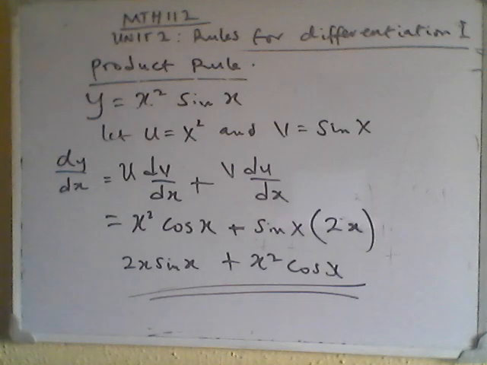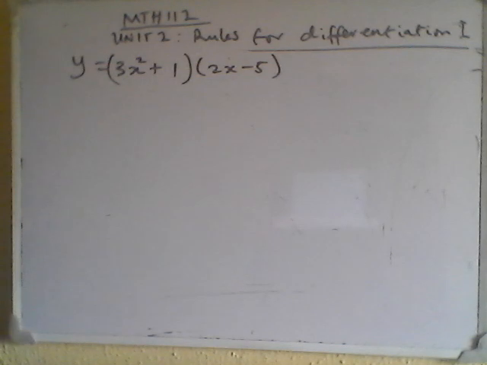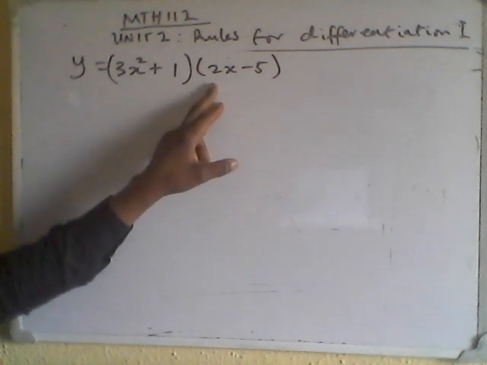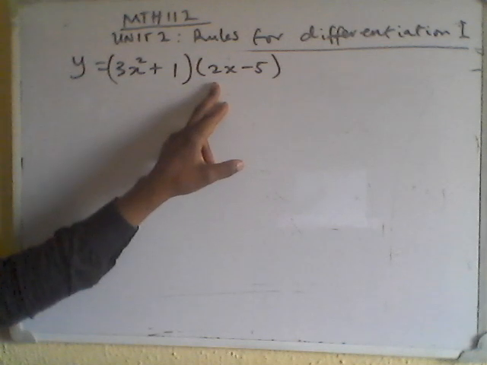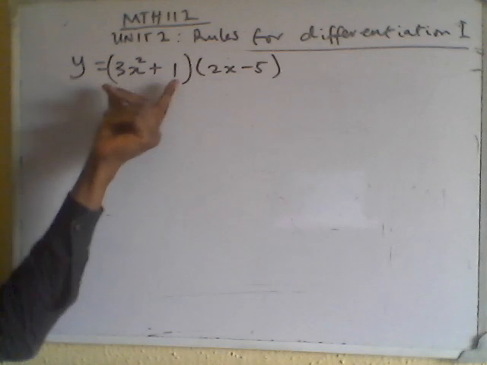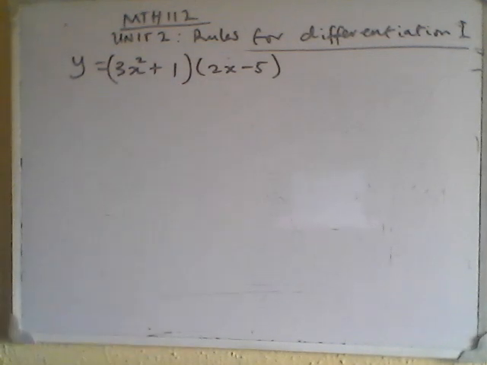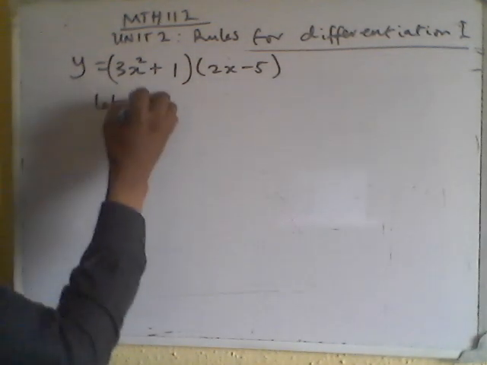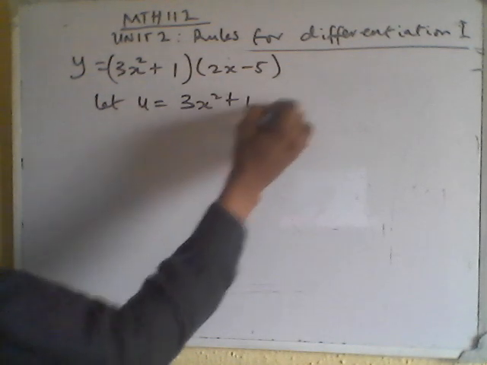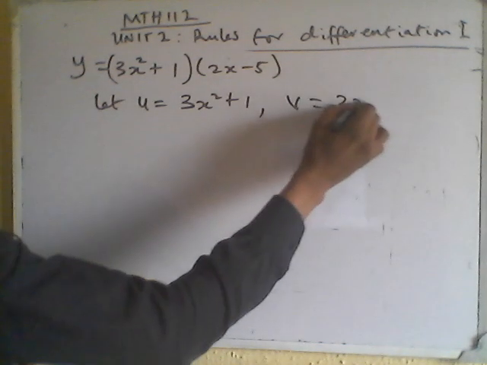So I'm going to quickly do another product rule. If I have y is equal to (3x squared plus 1)(2x minus 5). This is a product of this function and this function. I can come here, I will say, let u be the first function, 3x squared plus 1, and v the next function, 2x minus 5.